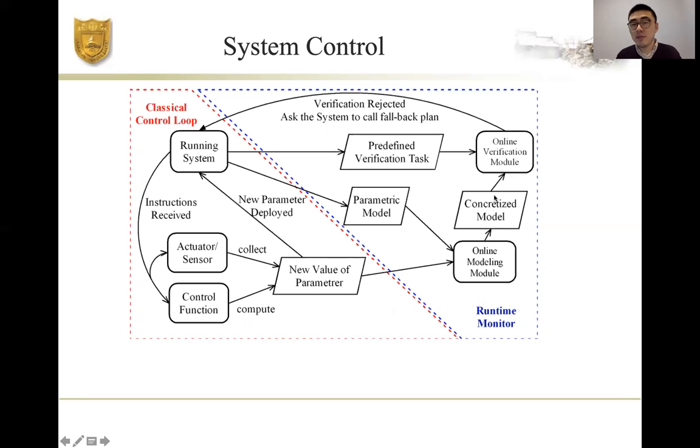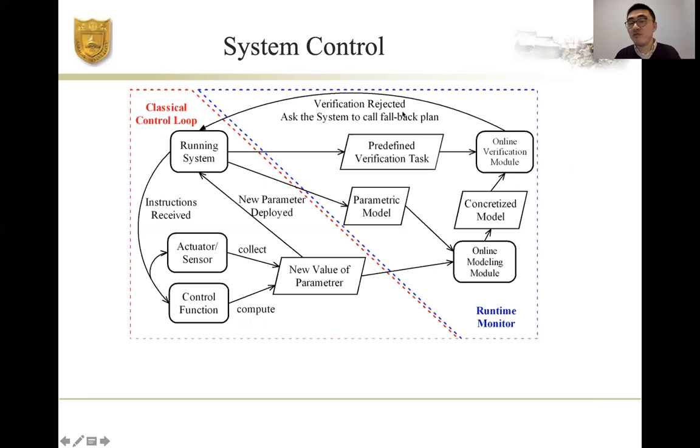But the concretized model cannot last that long, because the values of the parameters may change very quickly. So this concretized model can cover only a short time in the future. So we do online verification of the predefined verification task to see whether the concretized model is safe or not.